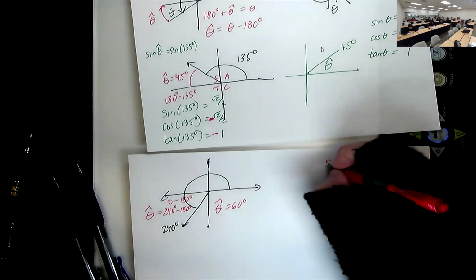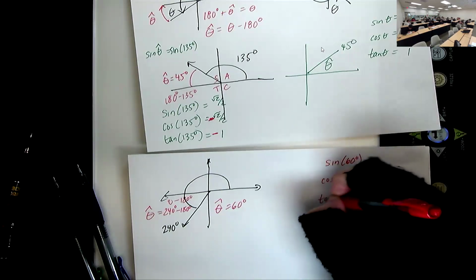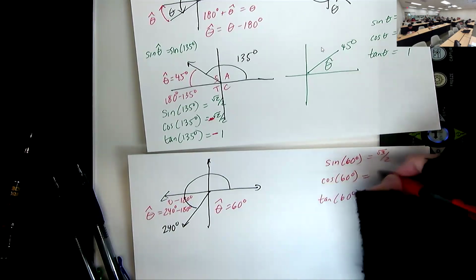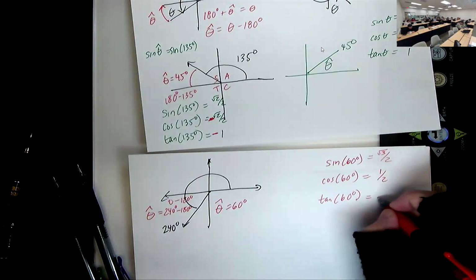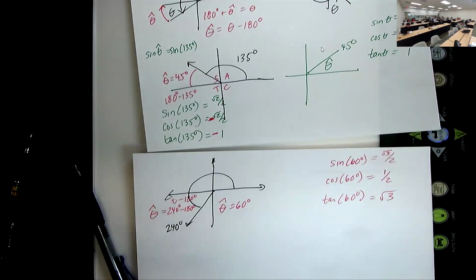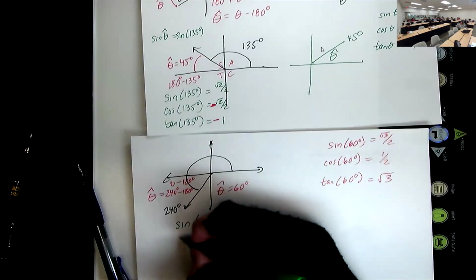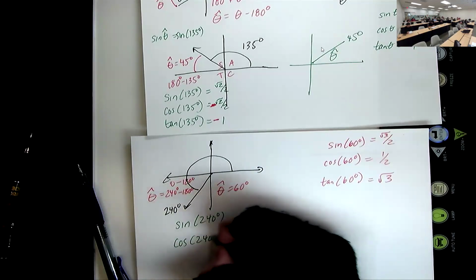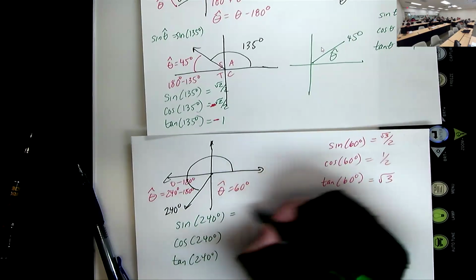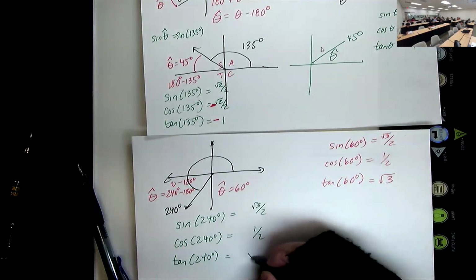I can look at my sine of 60, cosine of 60, tangent of 60, and apply them over here to this. Give them the exact same values. Just pay attention to sine. Square root of 3 over 2, 1/2, and root 3.